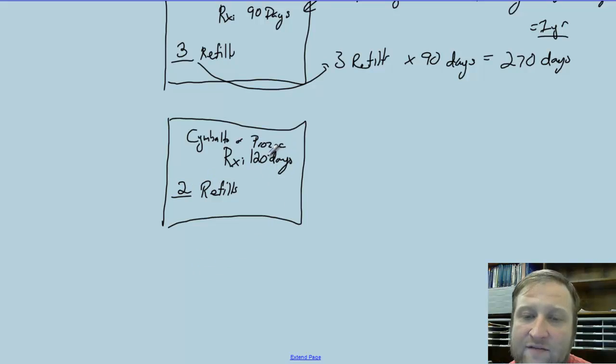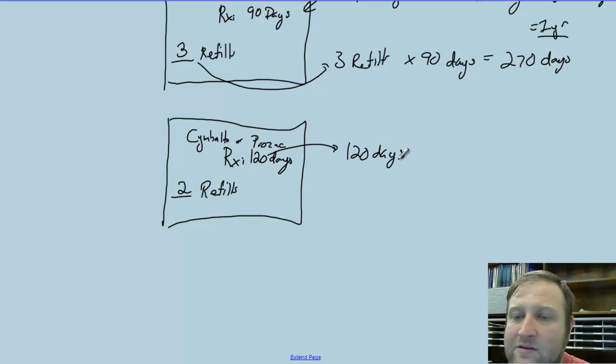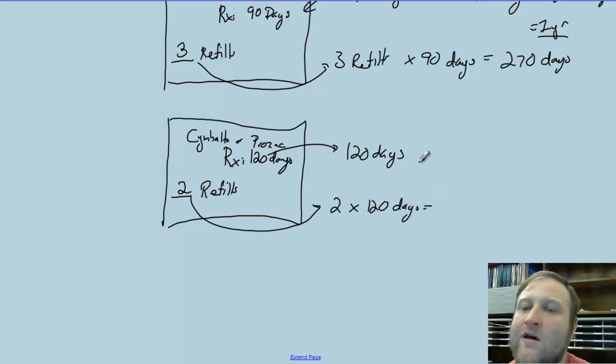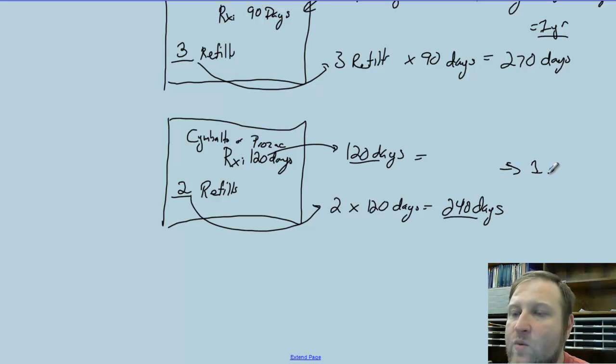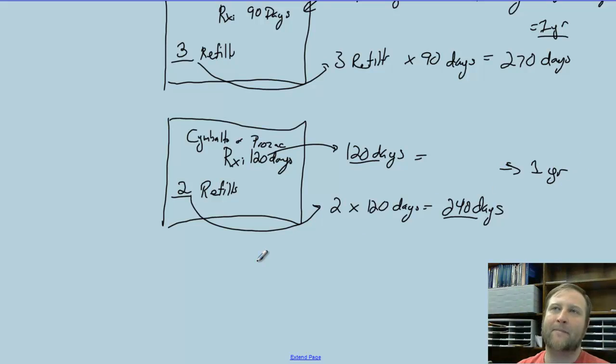Here we're going to have the 120 days from the original script, and the refills will be 2 times 120 days. And this gives us 240 days. 120 plus 240 gives us that 1 year. And I know that adds up to be 360, but that's the way it works.